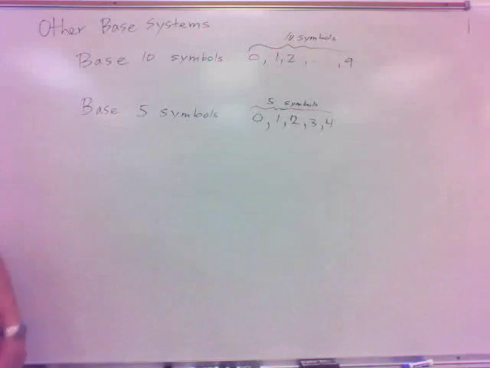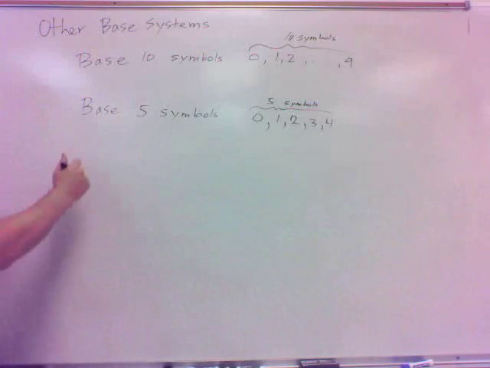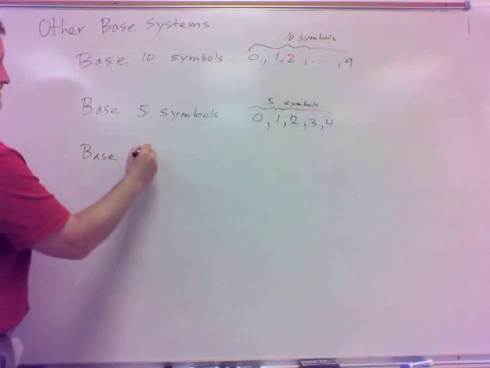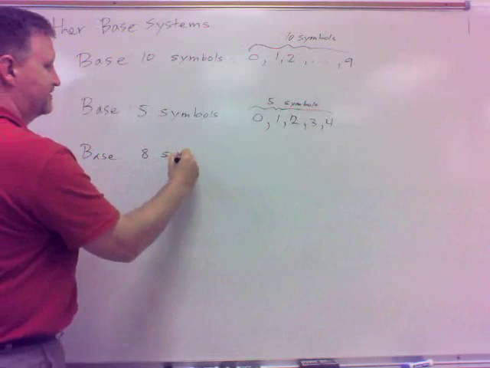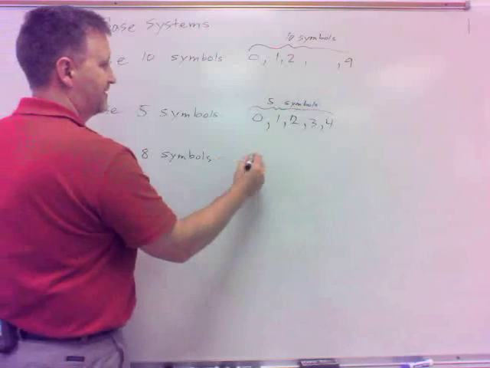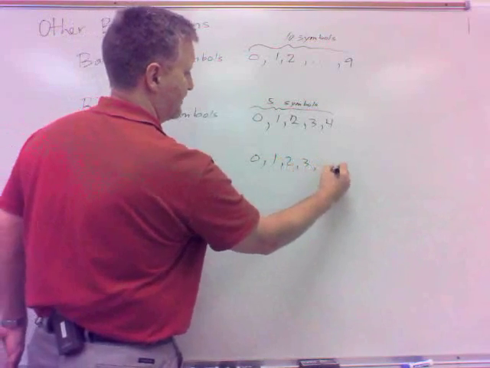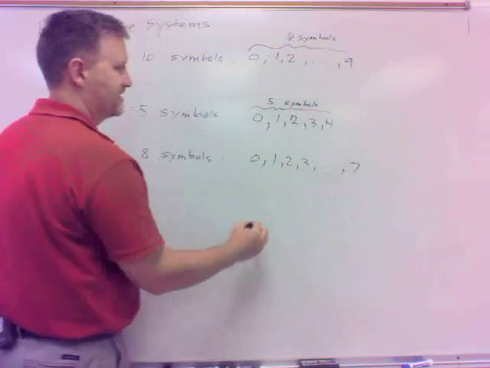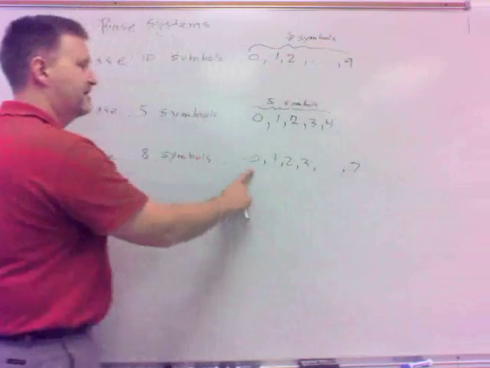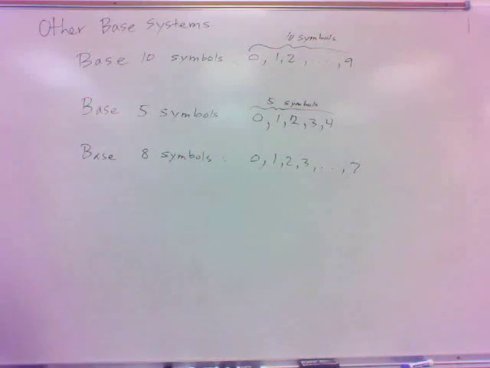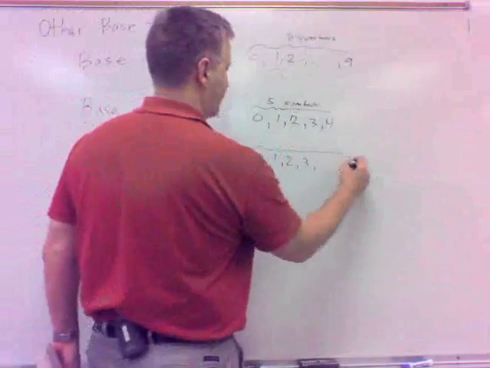Okay? Or base 8, you're only going to have 8 symbols. And so that's going to be 0 through what? 0 through 7. Yeah, because that'll give us 8. Because 1 through 7 is 7, and with the 0 you got 8. All right, so that's the first thing to point out there.